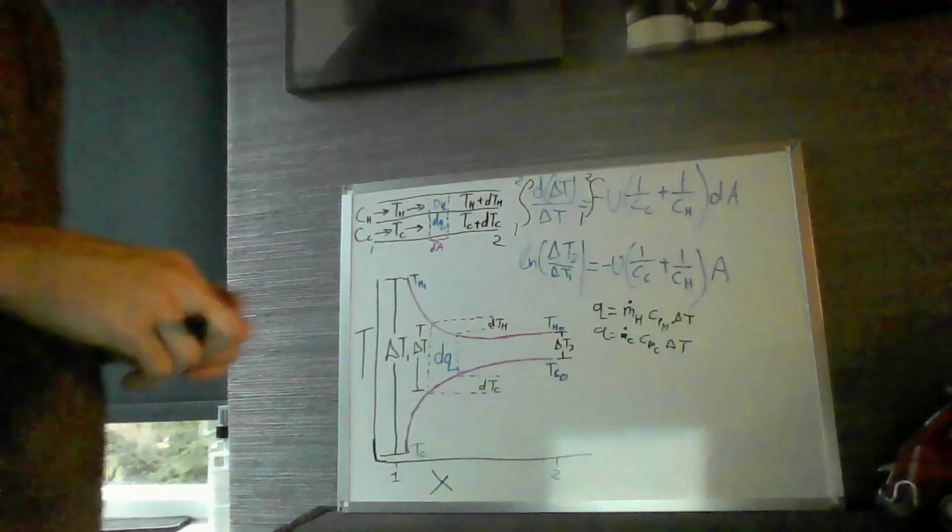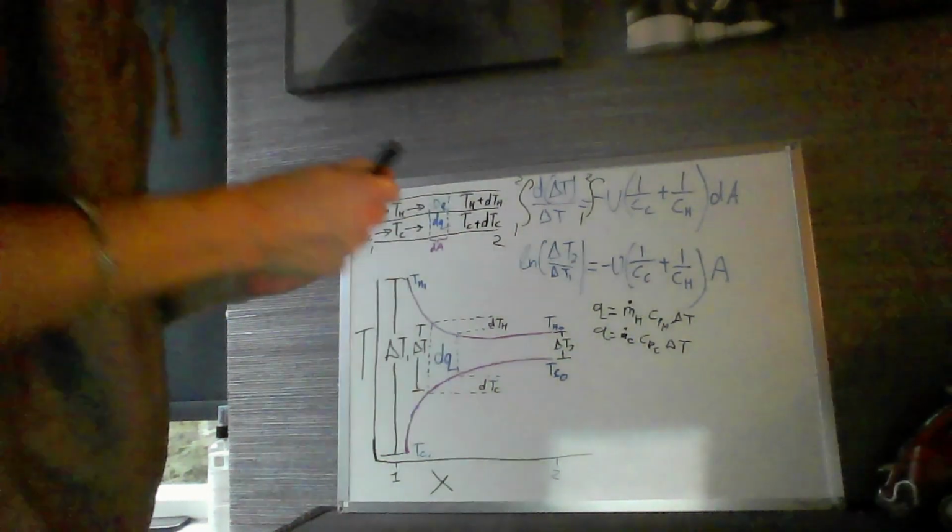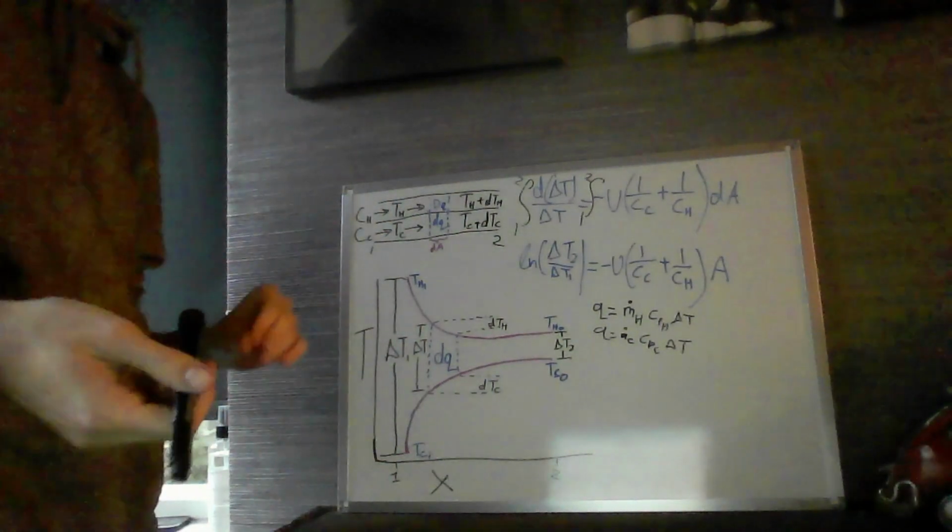And then the same thing for the cold: the mass flow rate of the cold, specific heat capacity of the cold multiplied by delta T, right? m c delta T. And of course, delta T can be rewritten as the difference between the two, right?